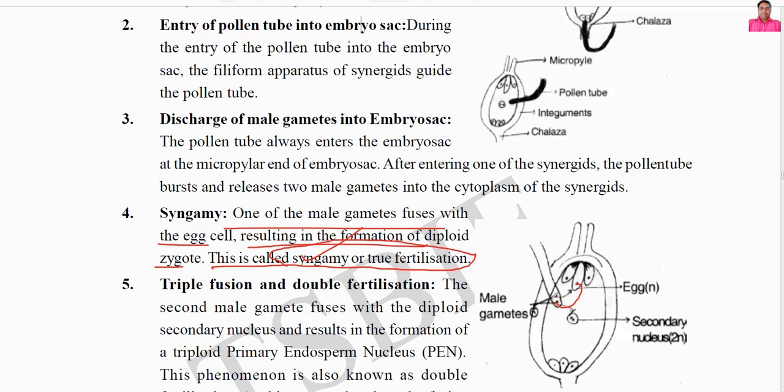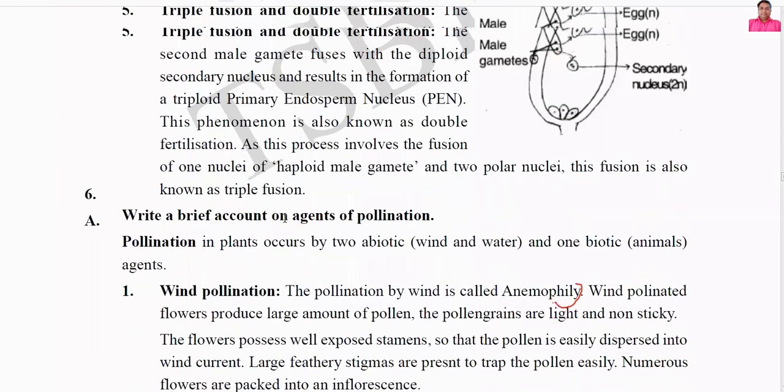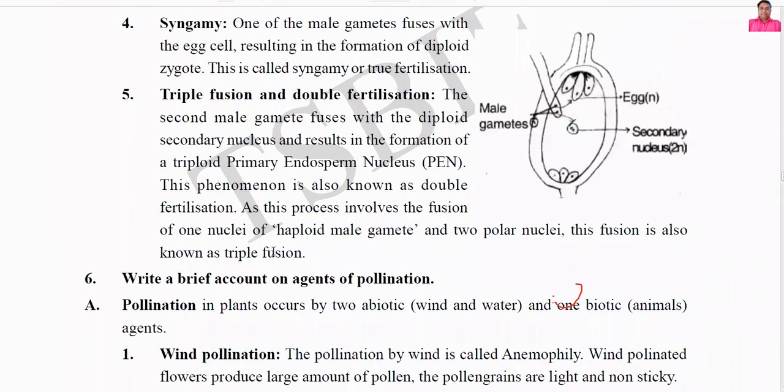Next, another nucleus is there. This nucleus is fused with the secondary nucleus in the embryo sac. Triple fusion and double fertilization are most important to discuss in angiosperms.